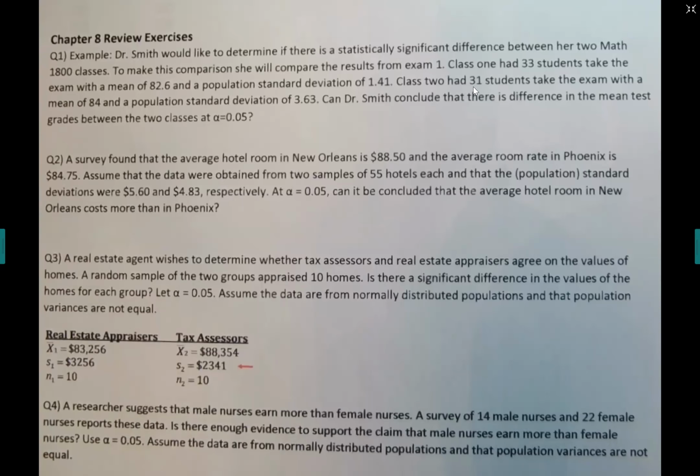Class 2 had 31 students take the exam with a mean of 84 and a population standard deviation of 3.63. Can Dr. Smith conclude that there is a difference in the mean test grades between the two classes at alpha equals 0.05?